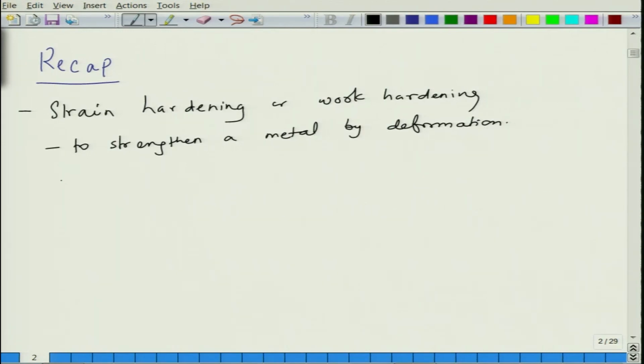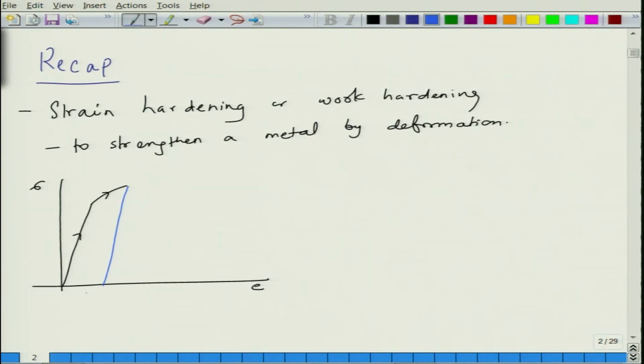Essentially when you deform a material, let us say you have a stress strain curve, go through the elastic region, then you go into the plastic region. When you come back to this point, you recover all the elastic strain, but you still have the plastic strain, and the second pass will start at this point. So, your yield stress increases from here to here.